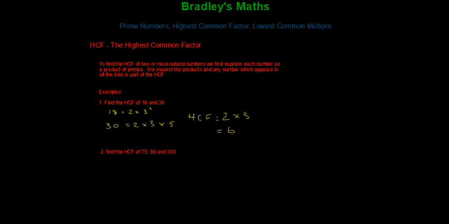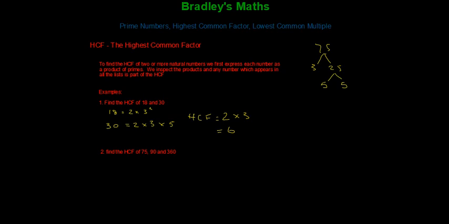75, we'll do 75 first, as that's the first on the list. 75 is not divisible by 2, but it is divisible by 3. And 3 goes into 75 25 times. 25 is not divisible by 2 or 3, but it is divisible by 5. 5 goes into 25 5 times.